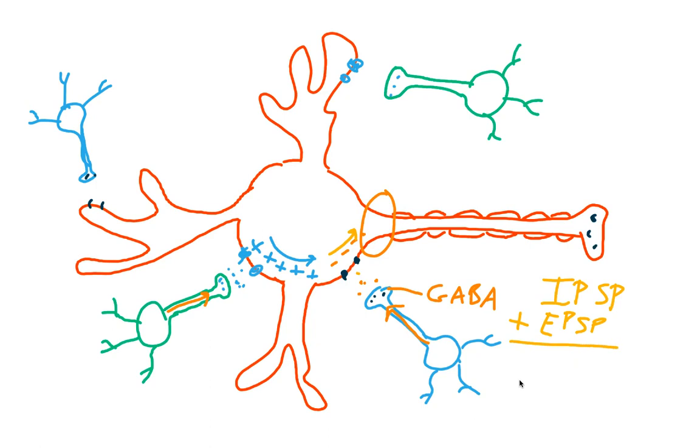We're taking those two, and basically they cancel each other out. So you don't get enough change in the membrane by the time you reach this hillock to generate an action potential down this red cell. Okay, so let me delete that scenario.